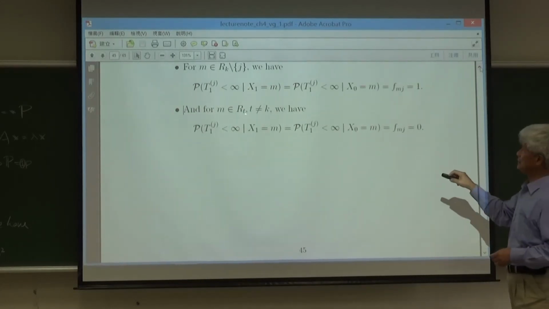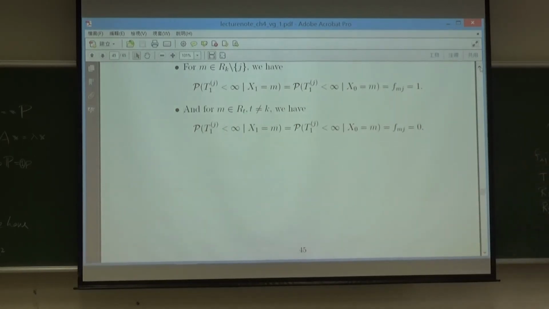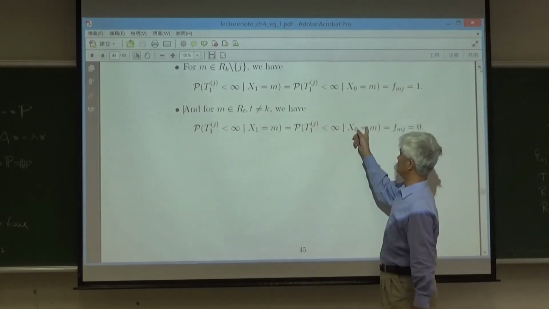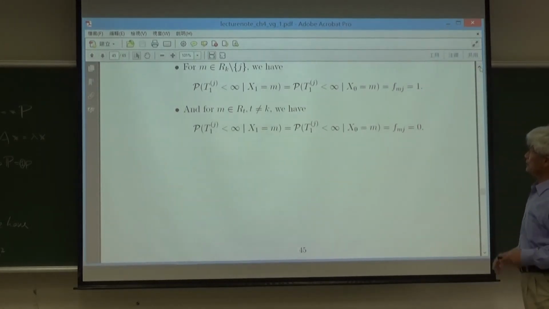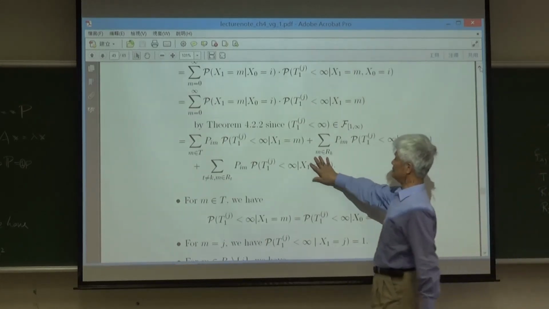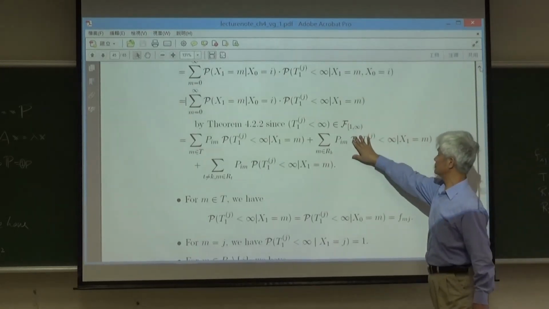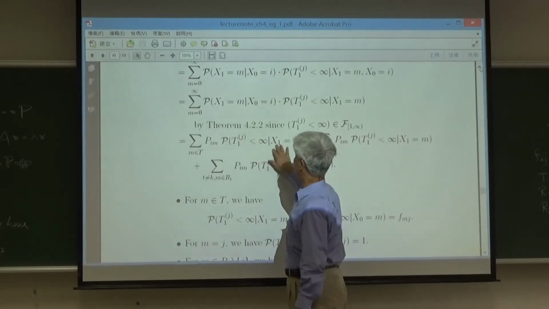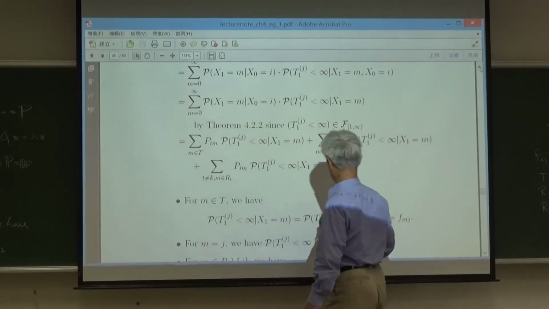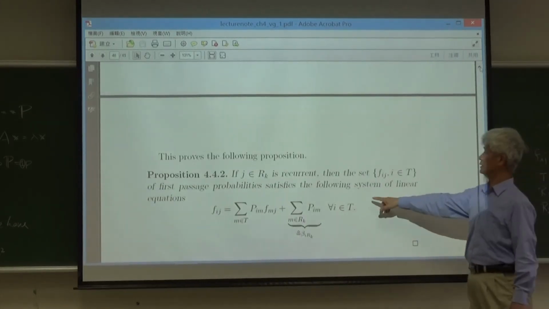And this is 0 if M is in a different recurrent class. So of course this is 0. You never go out, so you never visit the state J. So this is clear. Okay, so you know from here this is 0, so this vanishes. Okay, and this is 1, or 1, right? And this is another first passage probability, F_MJ. So now you get a system of linear equations there.